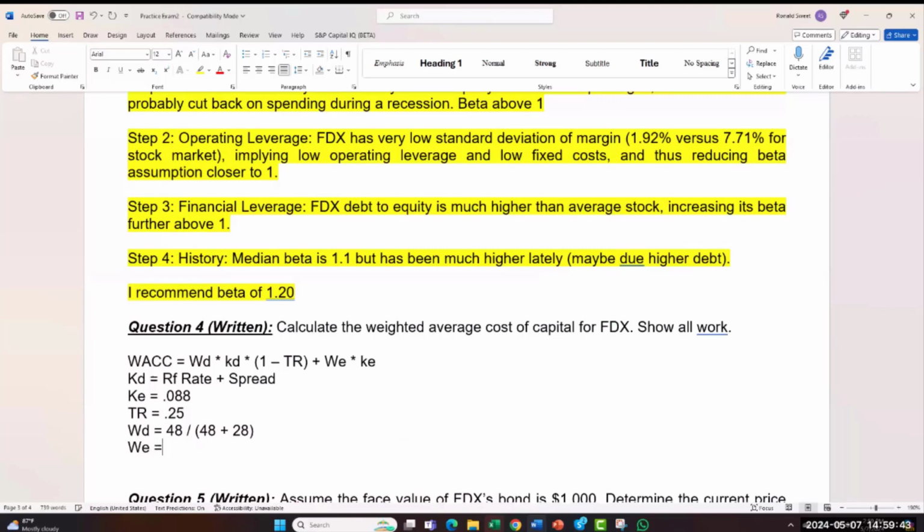And weight of equity is going to equal 28 divided by 48 plus 28. Do that right, it should be 60%. And y'all hopefully are testing me here to make sure I get that correct. I'm not hearing any comments, so hopefully that's right.